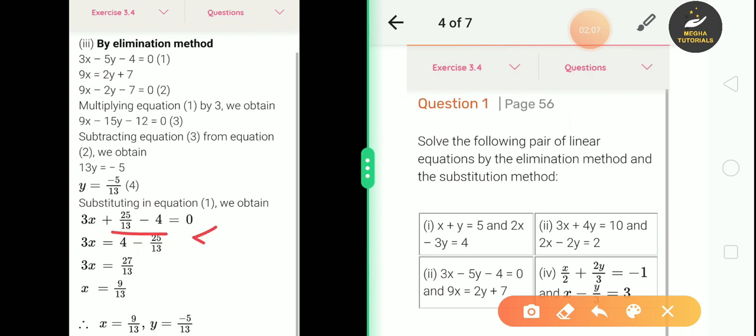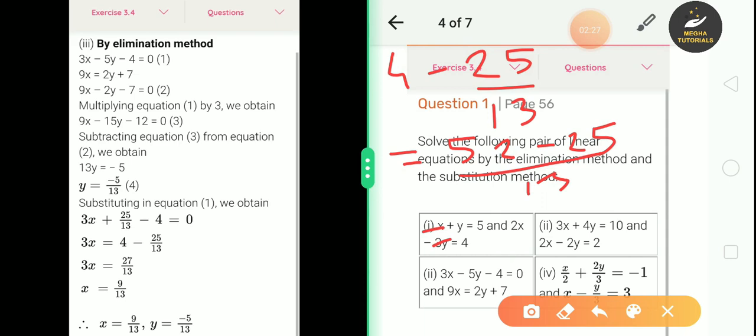So we'll get 3x is equal to 4 minus 25 upon 13. Denominators are different, so LCM is 13. 13 4s are 52. 52 minus 25 upon 13. 52 minus 25 is 27. So 27 upon 13. Therefore 3x is equal to 27 upon 13.